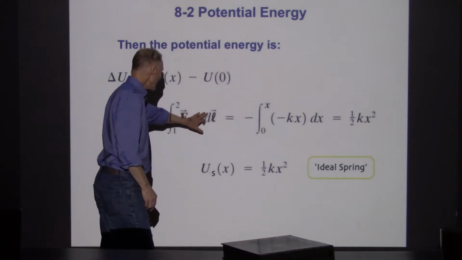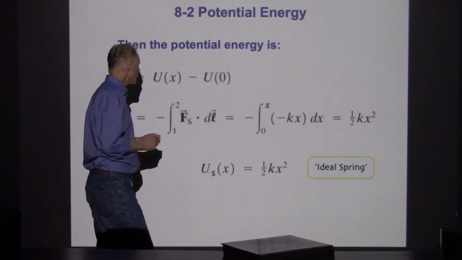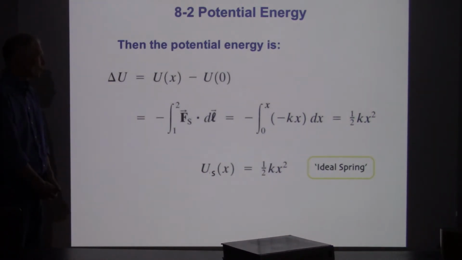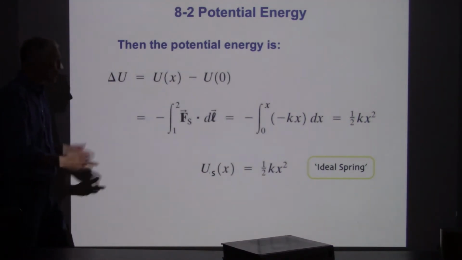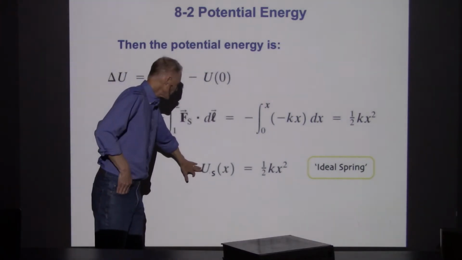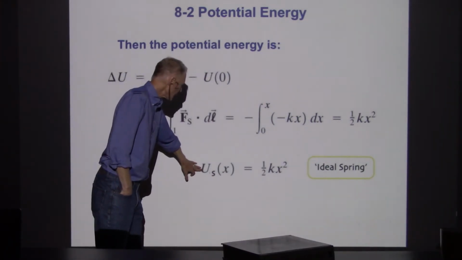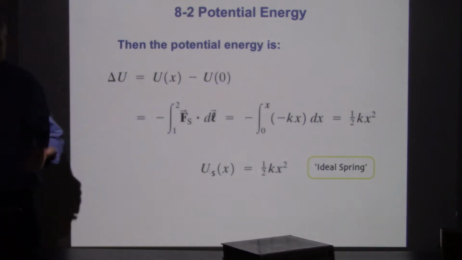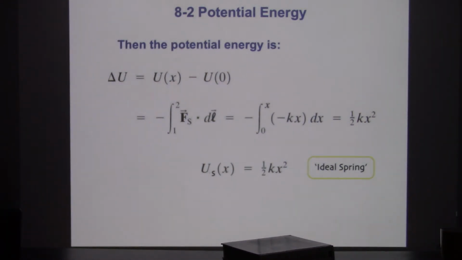Then the force and the displacement are going to be in the same direction. That'll reverse the sign. It will be giving up an energy of 1/2 kx squared. So in any case, this is the formula that we can use for the spring potential energy, and if it's ideal, it's going to be given by 1/2 kx squared.